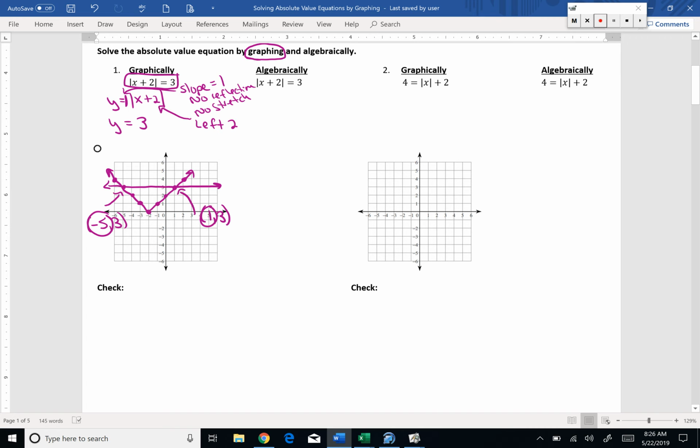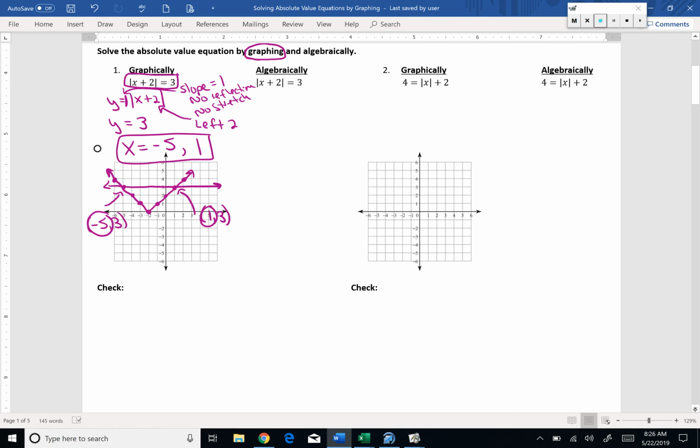There's no y in our equation. We're setting those up as y equals so we can graph them and figure out where the left side is going to equal the right side. But when it comes to actually solving, we have x equals negative 5. And when you write this, you can just put a comma and then put the other one.